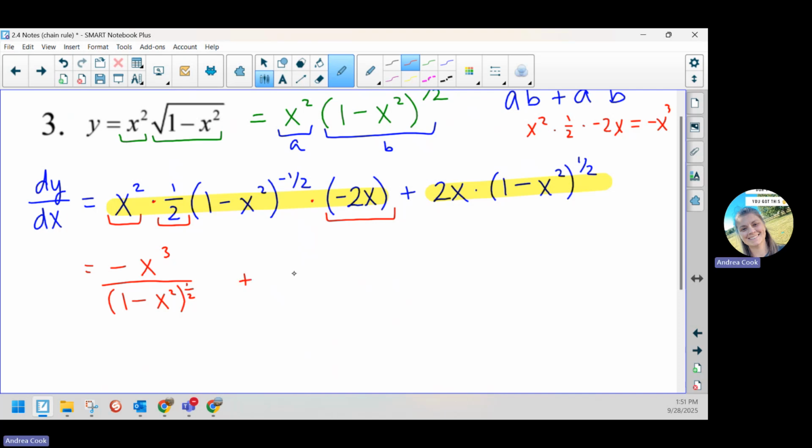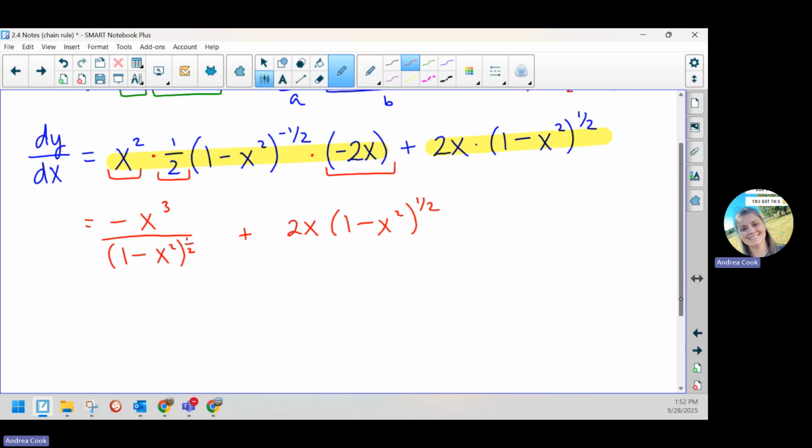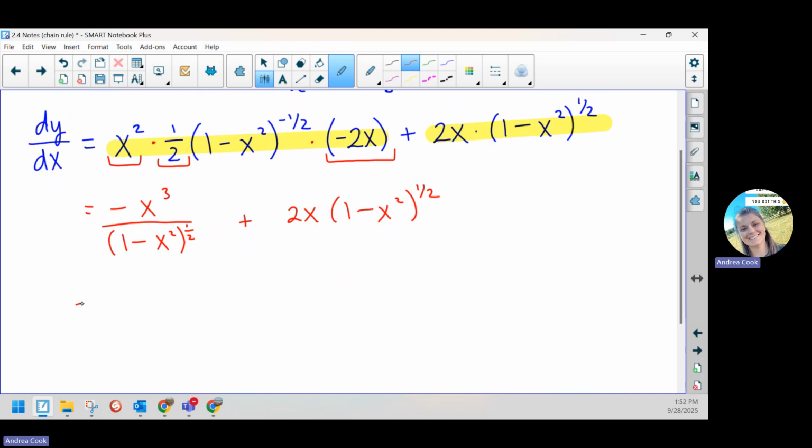Plus, and then I have 2x times 1 minus x squared to the 1/2. And actually, let's change those to square roots instead. So negative x.